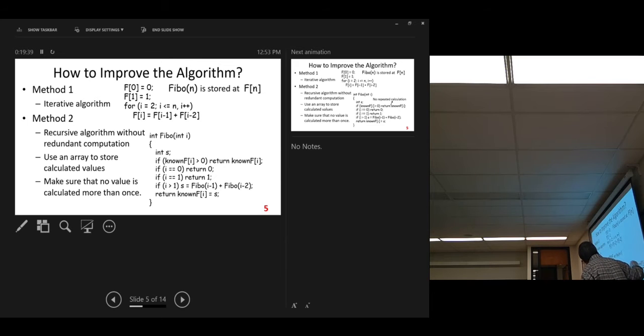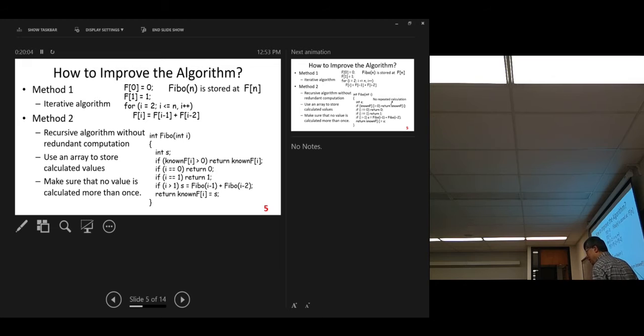Here I call it the known F array. When you start, the known F array is all initialized to 0. Then you can do recursion.